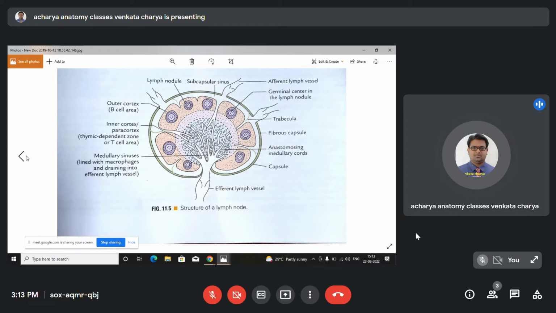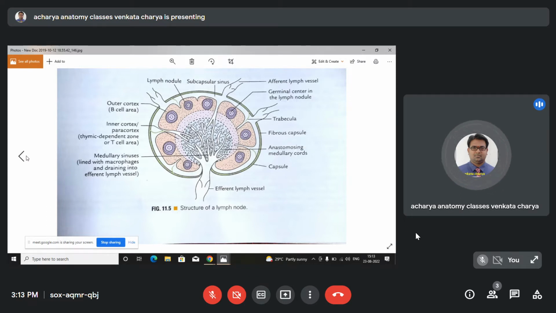At the most peripheral aspect we get 75% nucleus and 25% cytoplasm. 25% cytoplasm is present at the most peripheral site, which means here it germinates, here half mature, here fully mature lymphocytes.